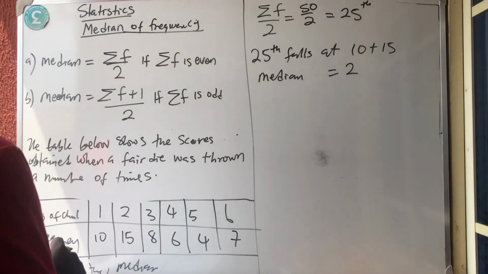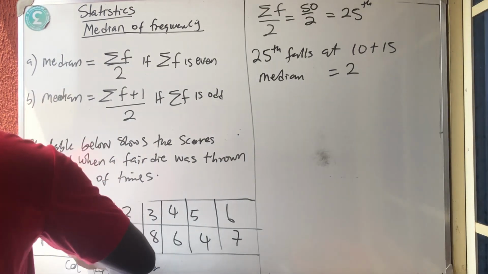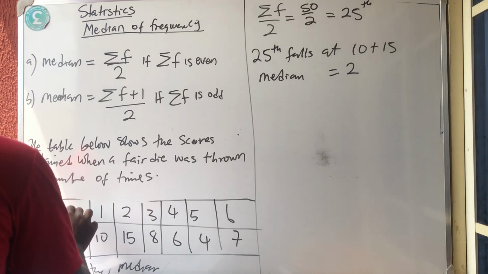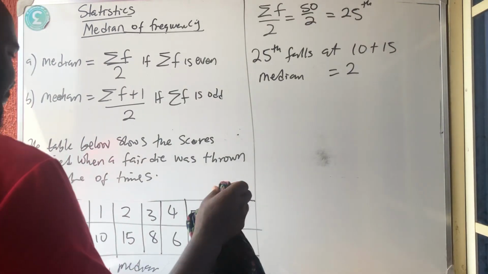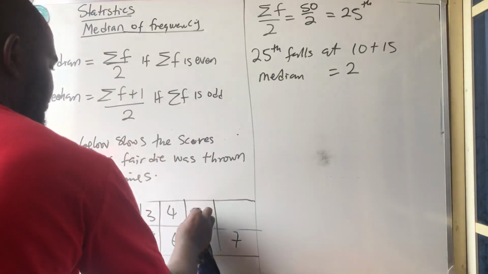Okay, so this one gave us scores and frequency. Remember that your median cannot be gotten from frequency.